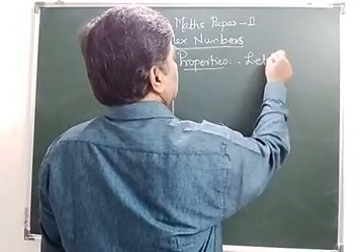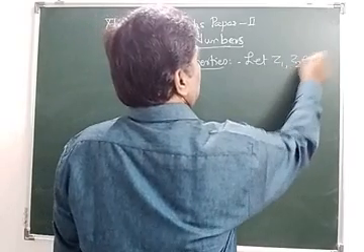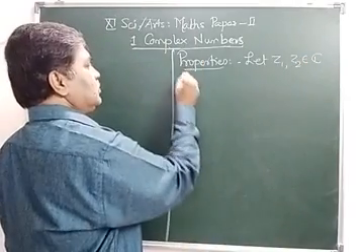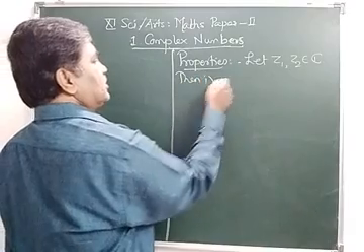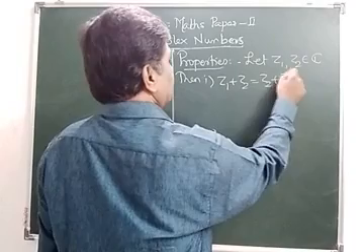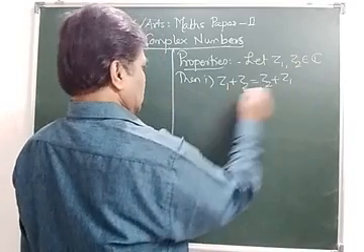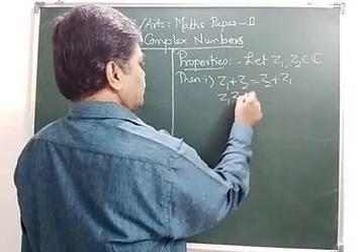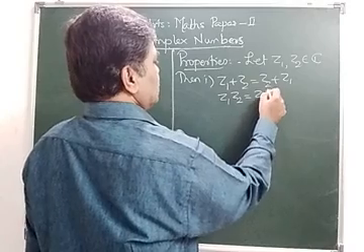Property. Let Z1 and Z2 belong to C. Then first, Z1 plus Z2 is the same as Z2 plus Z1, and Z1 Z2 is equal to Z2 Z1.